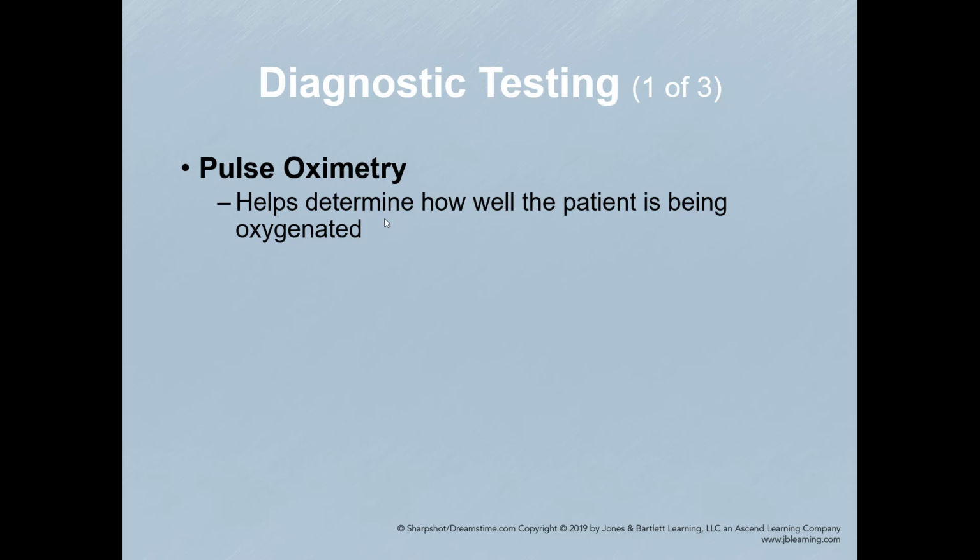SpO2 readings of 75% indicate a PaO2 of about 40 millimeters of mercury, and an SaO2 of 50% is equivalent to about 27 millimeters of mercury on a PaO2 level.